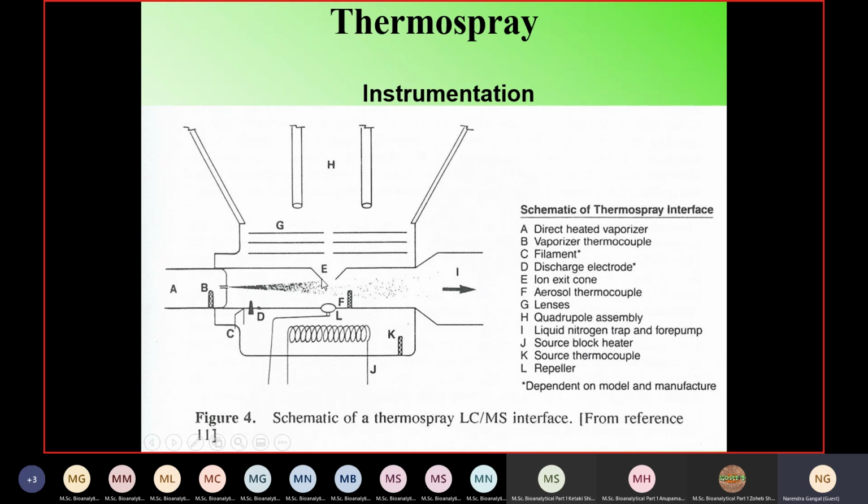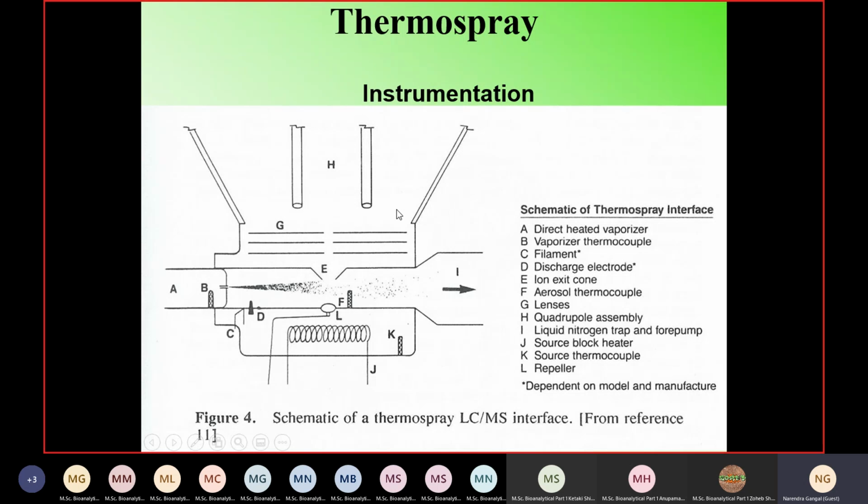Let us suppose 1 ml of water vapor is there. It will generate a large quantity of gas, but this gas generated from the water vapor goes completely out through my pumping system here itself. So this is the ionization portion.